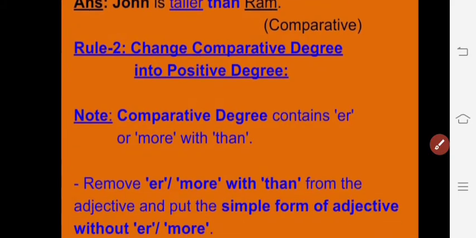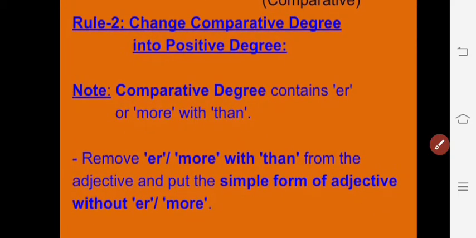Rule number 2. It says change comparative degree into positive degree. So if comparative degree is given, how can you convert it into positive degree? You have to take care. Some steps are given. Listen to it. Note how you have to identify that a sentence is of comparative degree formation.